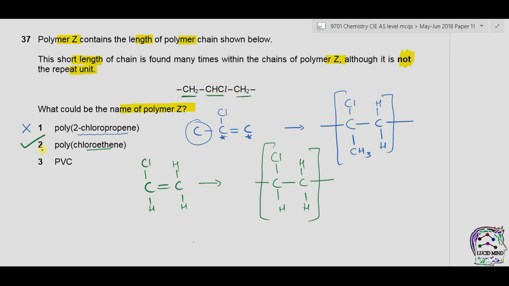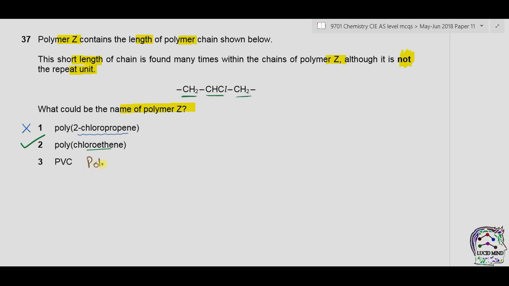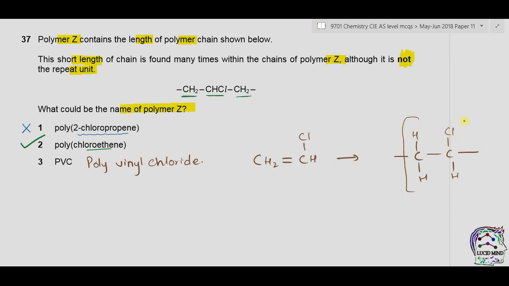So 2 is correct. 3 is PVC, which is also called polyvinyl chloride. Now the formula of vinyl chloride is CH2=CHCl. This is also similar to chloroethene, so therefore chloroethene or vinyl chloride will polymerize to form the same product. 3 is also correct, as this is similar to this one. As 2 and 3 are correct, the answer is therefore C.